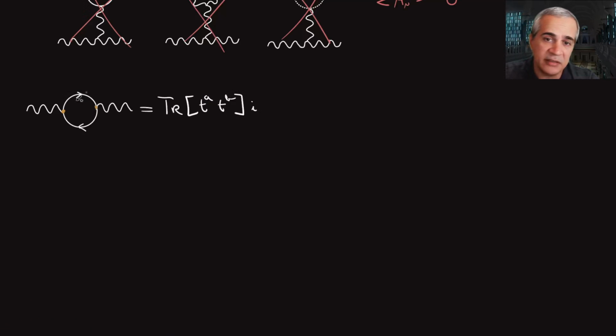And in this case, since the calculation is exactly the same as we did in QED, it's obvious that you get that Lorentz structure dictated by the Ward identity of QED: (q squared g mu nu minus q mu q nu) times minus 8 g squared, just replacing e by g.